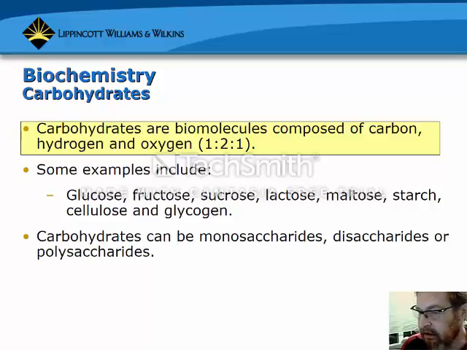When the carbon atoms, hydrogen atoms, and oxygen atoms are in a 1 to 2 to 1 ratio, then you would have a carbohydrate. That means for every one carbon atom, you'll have 2 atoms of hydrogen plus 1 of oxygen.